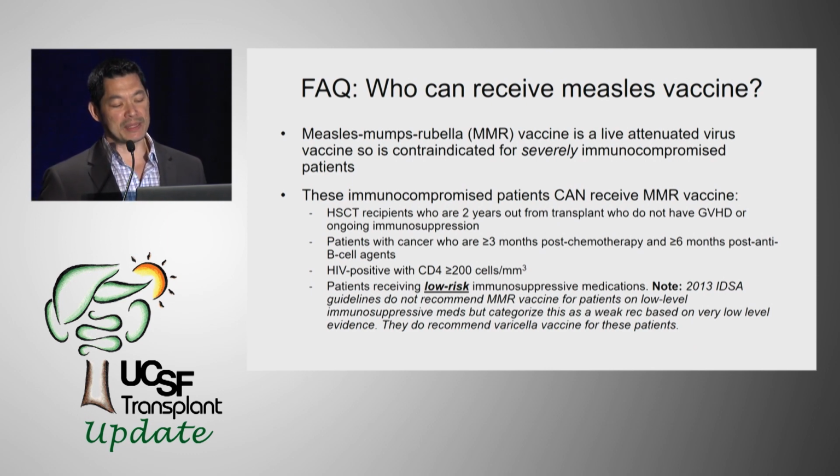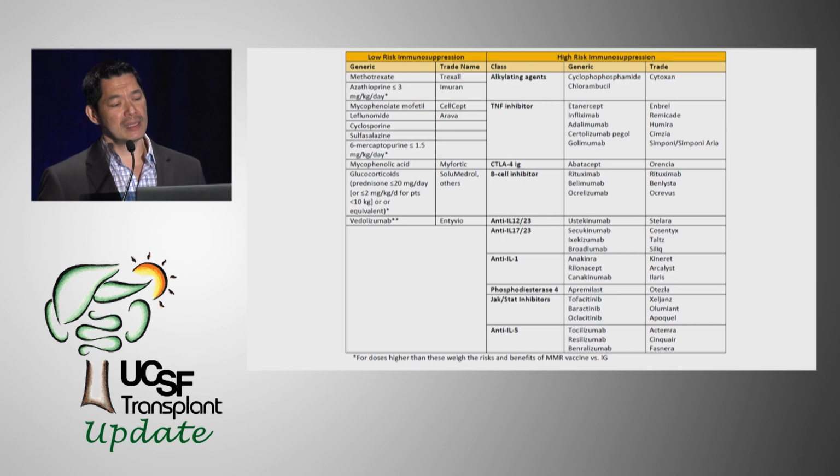But in terms of transplant patients, the guidance is a little bit murky and not very definitive if you look at guidelines and so on. The specific wording is that you look at the drugs that the patient is on, and given the HIV precedent, there haven't been any negative consequences of giving the vaccine for CD4 count greater than 200.